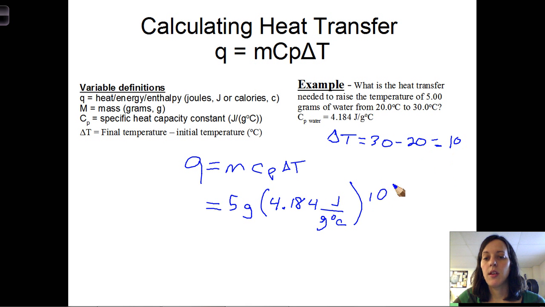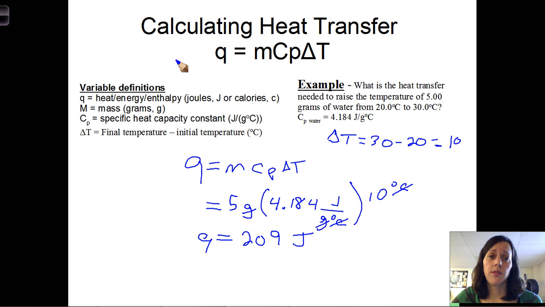So we'll put 10 down there. When we multiply 5 times 4.184 times 10, we get a heat transfer value of 209. The units that you end up with, grams divided by grams, cancels out. Degrees Celsius cancels out. We're left in units of joules, which is ideal since Q is measured in joules. So that's how you would calculate heat transfer.